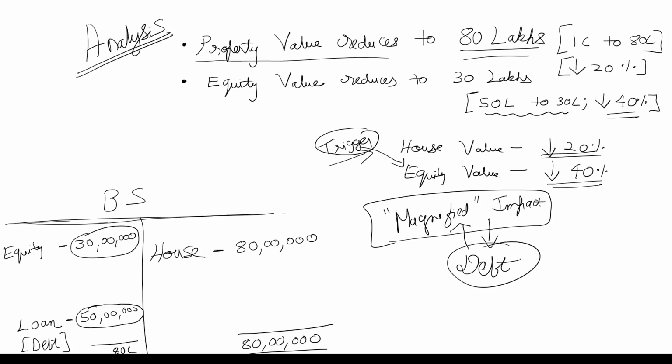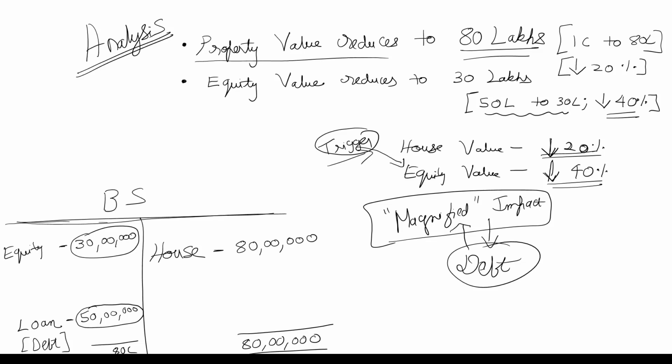The drop is completely absorbed only by the owner. The property was made possible by both sources of finance, but when it comes to change in the value of the property, it's only one guy who steps in, which is the owner. So here again, the reason for the magnified impact is debt. But here we are talking about reduction, because the trigger was also a reduction in house value.